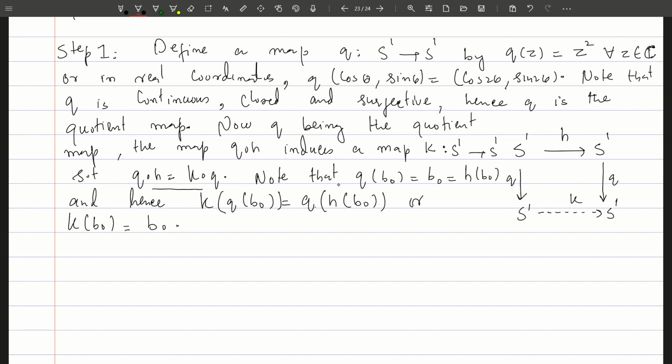So that means K maps the point B naught to B naught.